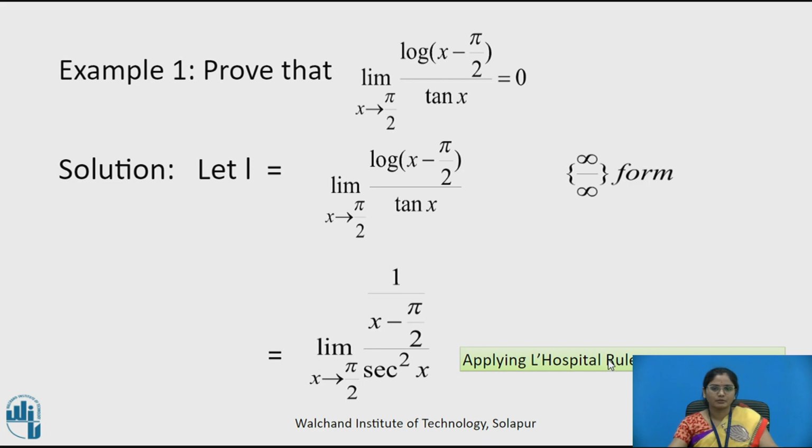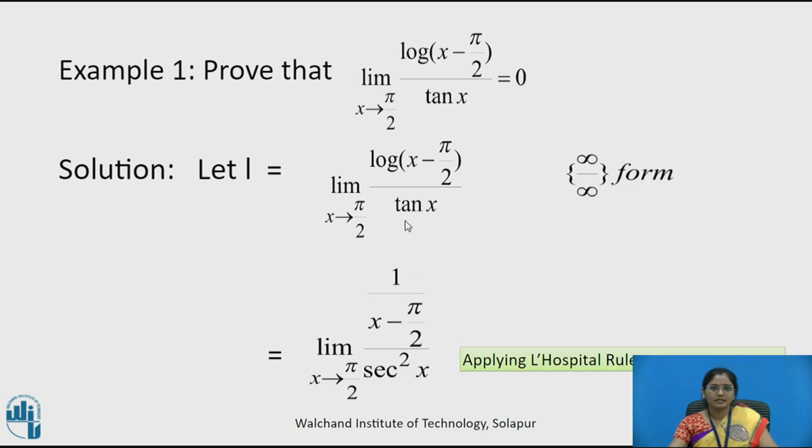Applying L'Hospital rule, that is differentiating the numerator and denominator, we will see what we get. Here, limit x tends to pi by 2, derivative of the numerator, that is log of x minus pi by 2, is 1 upon x minus pi by 2.